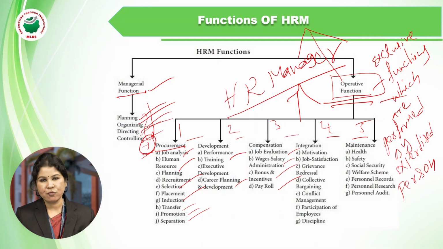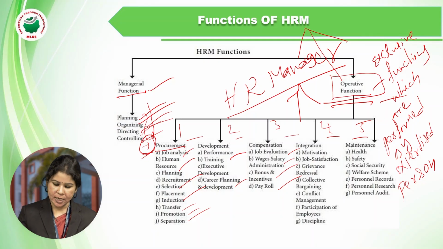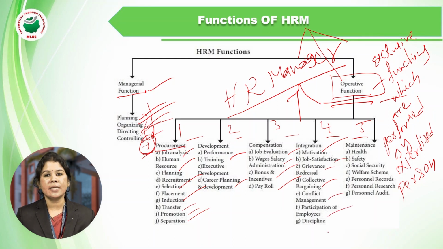The fourth operative function in HRM is integration, which includes motivation, job satisfaction, grievance redressal, collective bargaining, conflict management, employee participation, discipline, and so on. The fifth and last operative function is maintenance of the employees, so that people get motivated and have a harmonious environment in the organization.